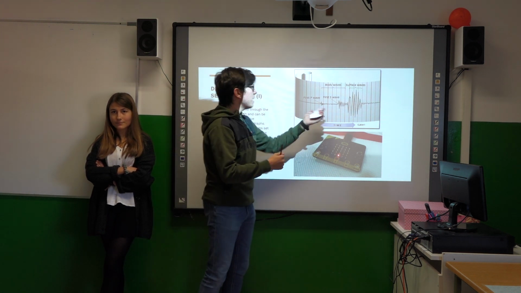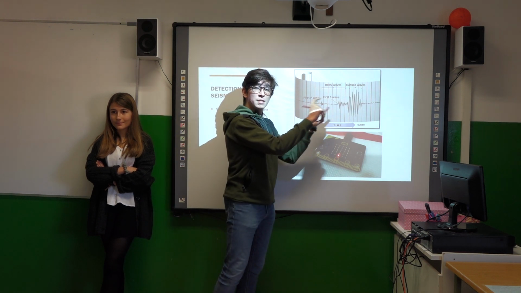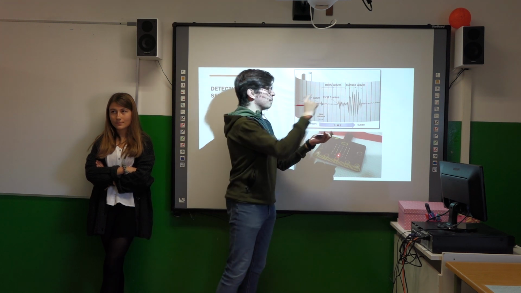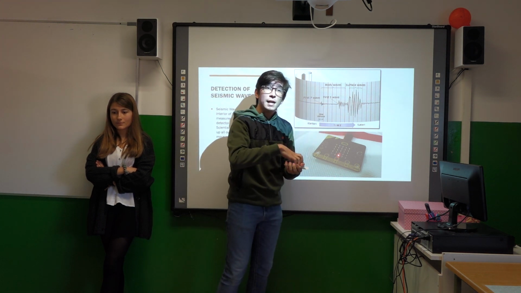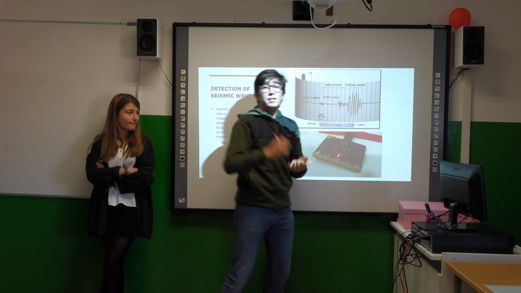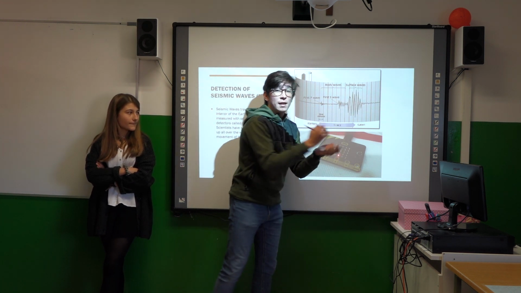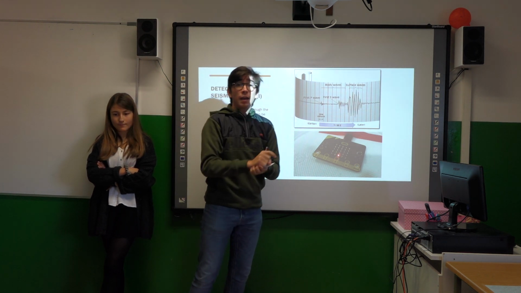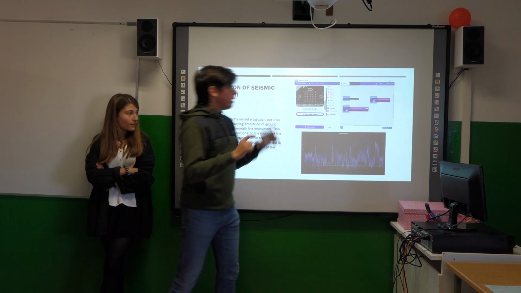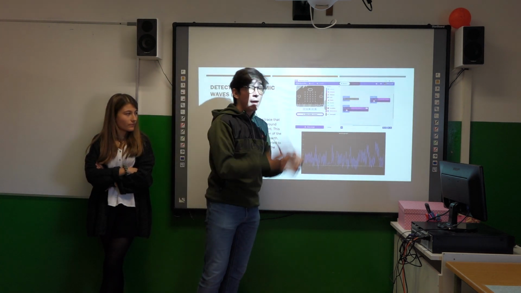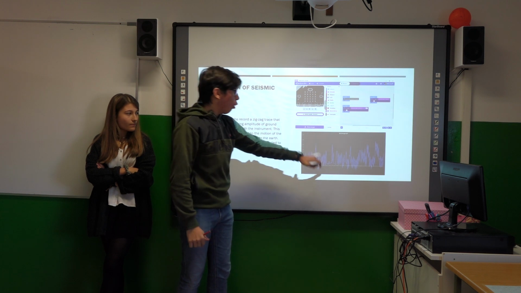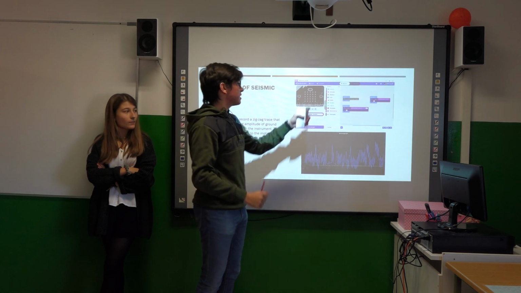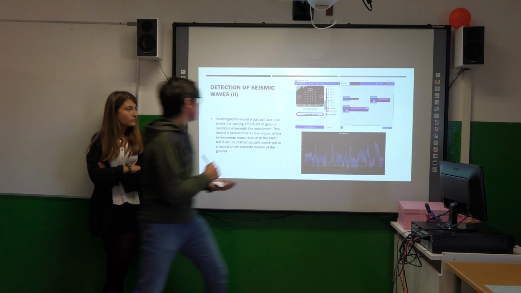As you can see here, the different types of waves I explained in the last slides. Body waves are very small because they travel inside the Earth's interior, while surface waves are stronger because they travel through the surface, and these detectors are on the surface. In the experiment, we created a code with micro:bit which recorded the seismic waves, and we made a seismograph thanks to the code.